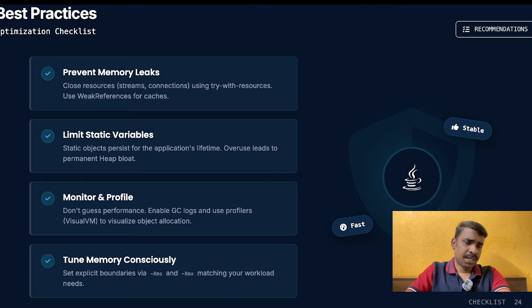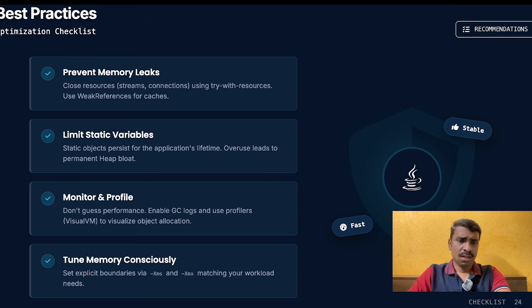So the best practices: prevent memory leaks. Close resources, streams or connections using try-with-resources, and use weak references for caches. So what is the weak reference? If you want to know, I have already done one video regarding multiple types of references. Then limit static variables. Static objects persist for the application's lifetime. Overuse leads to permanent heap bloat.